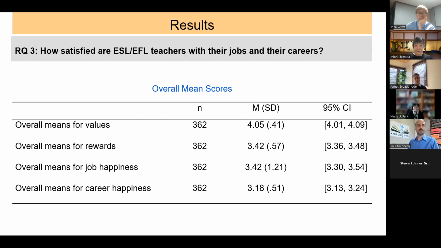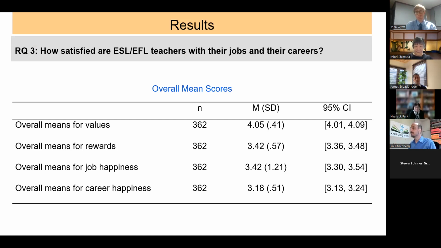Research question 3 investigated how satisfied the ESL and EFL teachers are with their jobs and their careers. The results showed that ESL and EFL teachers consider their work and career important, as the overall mean for value items is 4.05 out of 5. On the other hand, the overall mean for rewards they were getting from their current job is 3.42 out of 5.